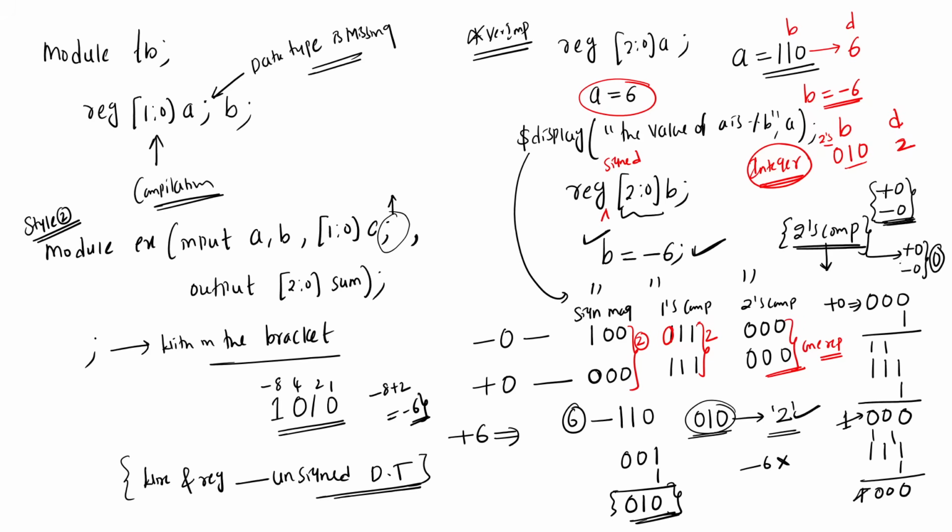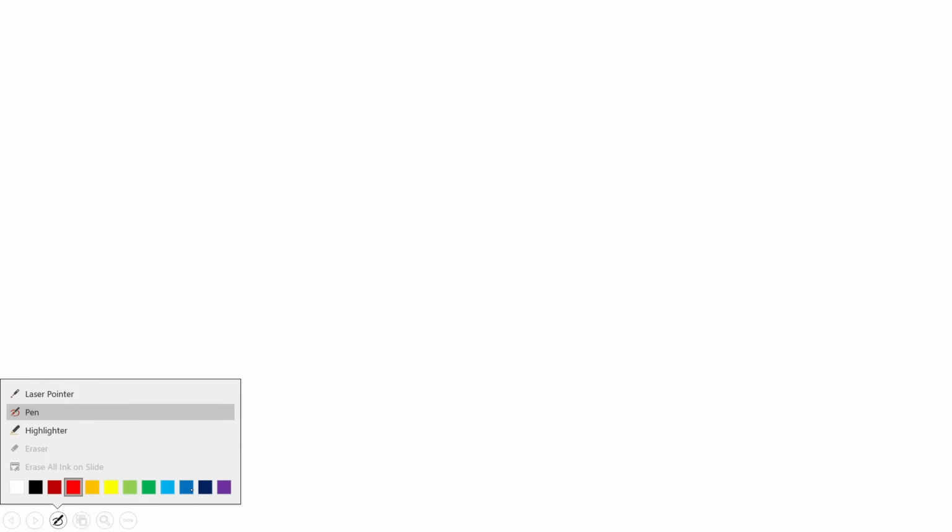Is that right? Yes. So a negative number will display in terms of two's complement, but if you want to display that value, it displays in terms of magnitude, because reg and wire are unsigned data types. Is it fine?